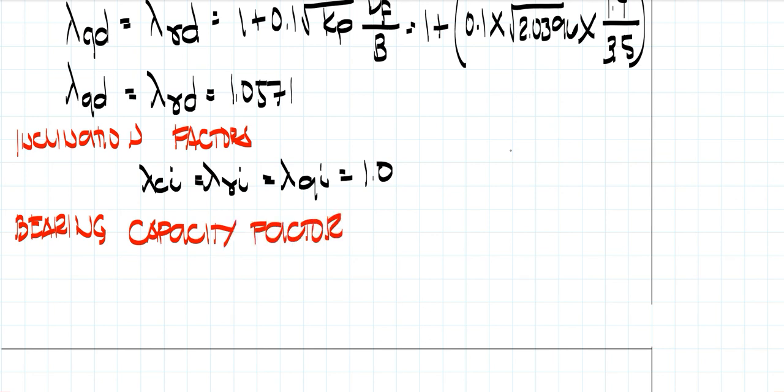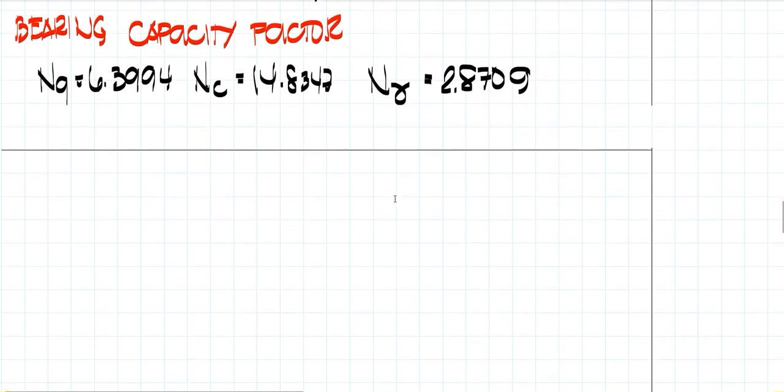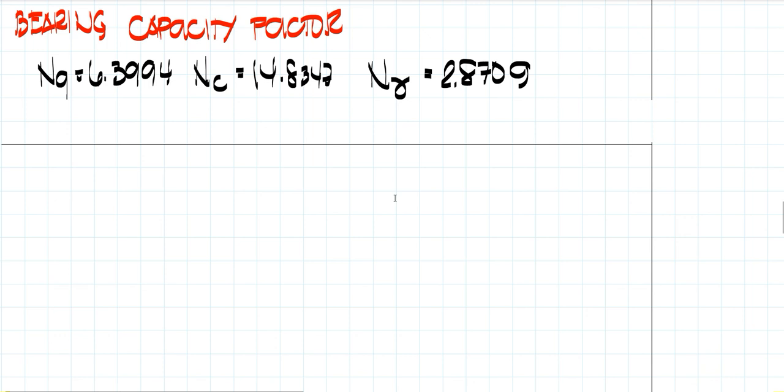So, yung na-compute natin dun is meron tayong NQ, which is equivalent to 6.3994. Meron tayong NC, which is equivalent to 14.8347. At meron tayong N gamma, which is equivalent to 2.8709. So, kailangan na lang natin siyang i-substitute sa general equation ni Meyerhof.